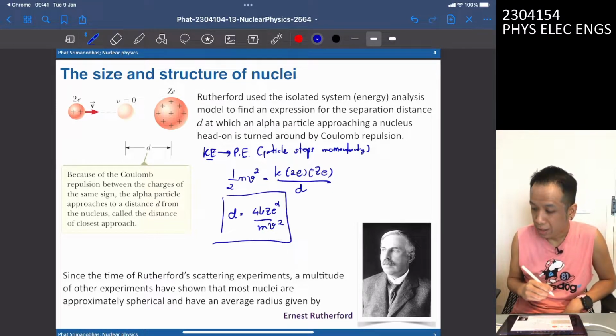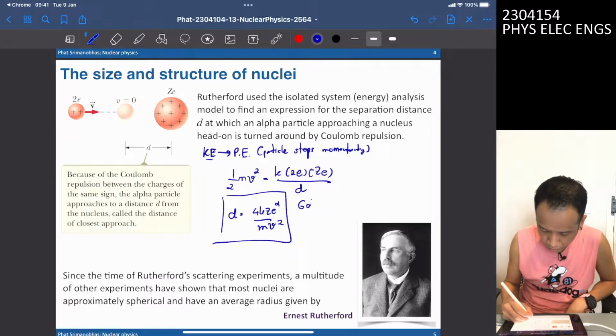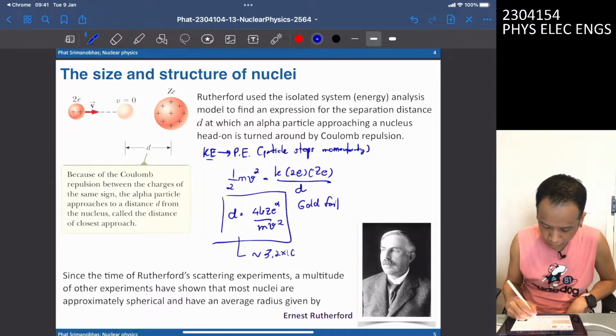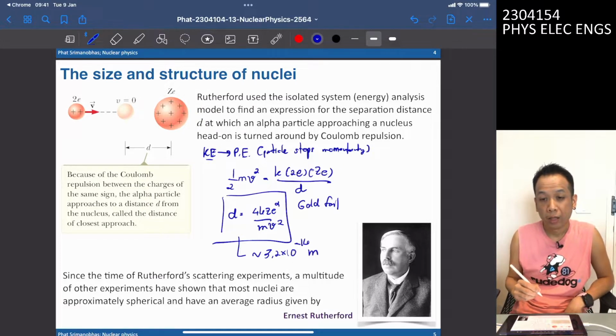And this d, using the gold foil as a target, Rutherford found d to be on the order of 3.2 times 10 to the minus 14 meters. So what does it mean?